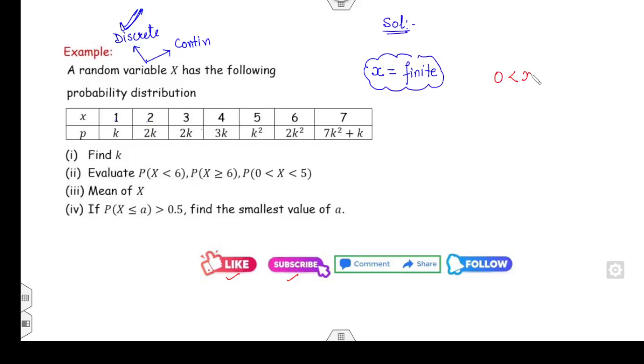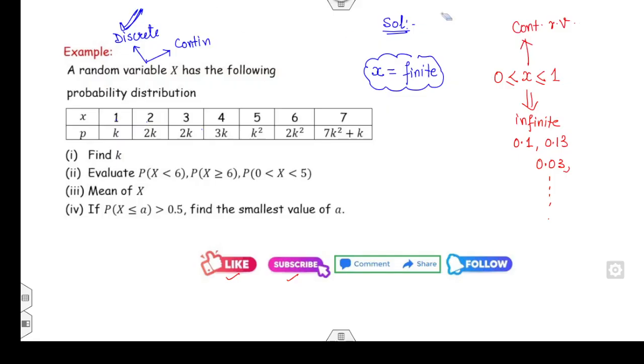If somebody writes that x lies between 0 and 1, clearly it has infinitely many values. Why? Because 0.1 also belongs, 0.13 also belongs, 0.03 also belongs and so on. In that case, this variable is called a continuous random variable.